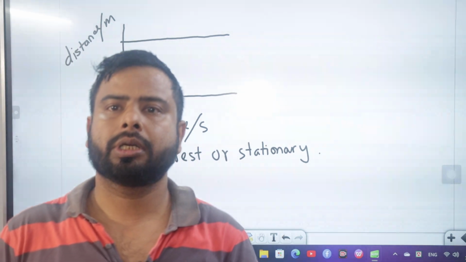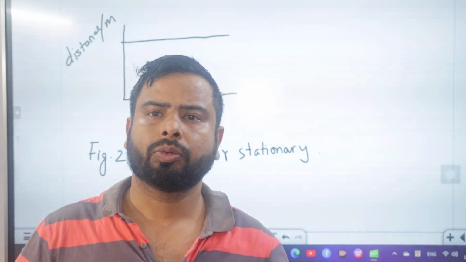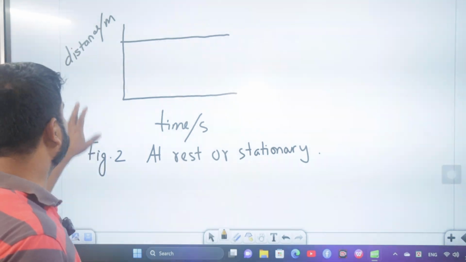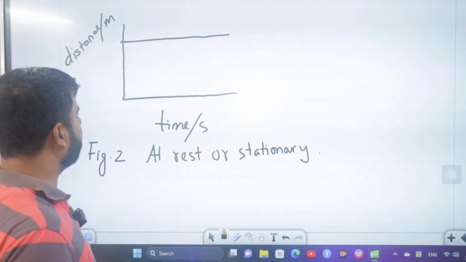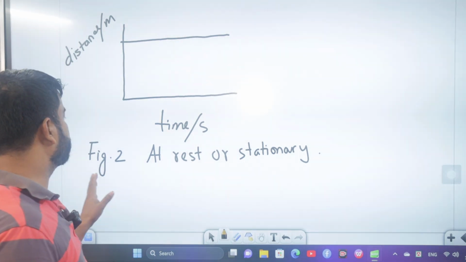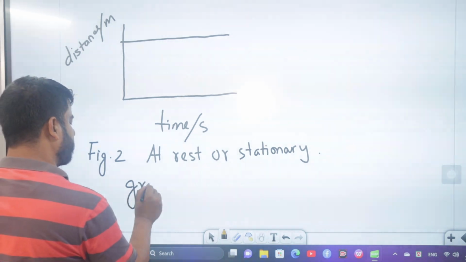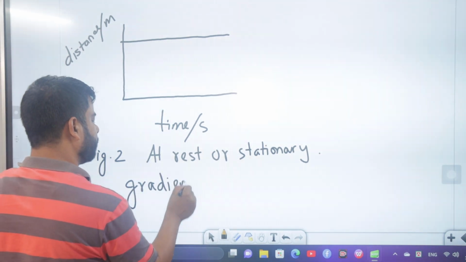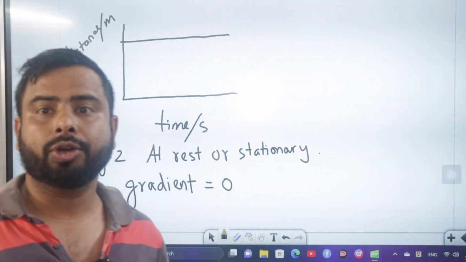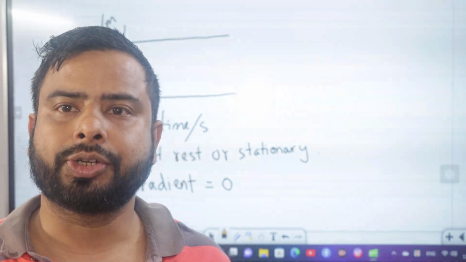If any object does not change its position with surrounding environment with time, then it is said to be at rest. Here the gradient of the graph is 0. Remember, if the distance time graph has 0 gradient, then the object is stationary.